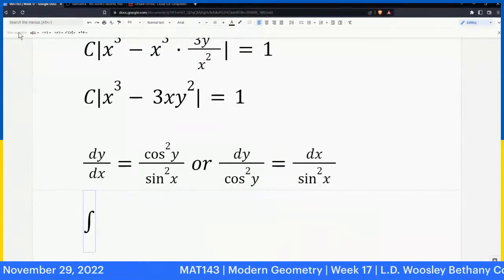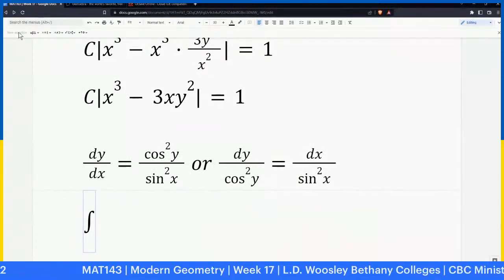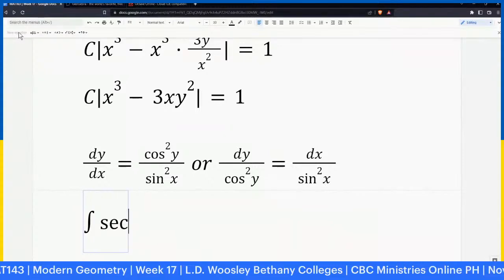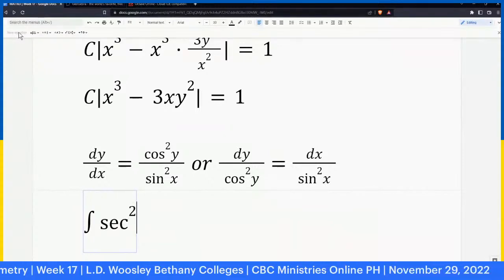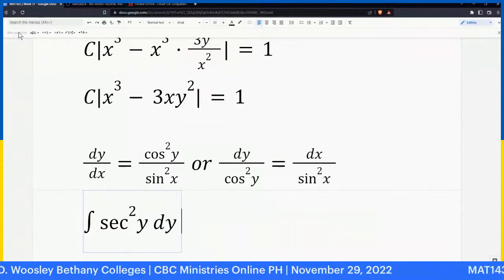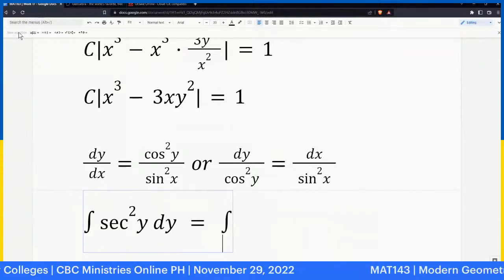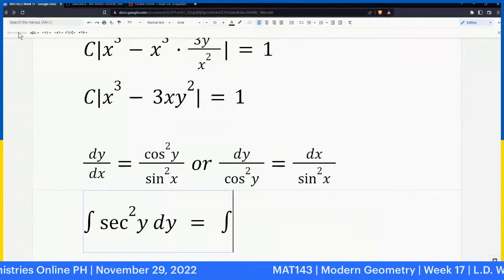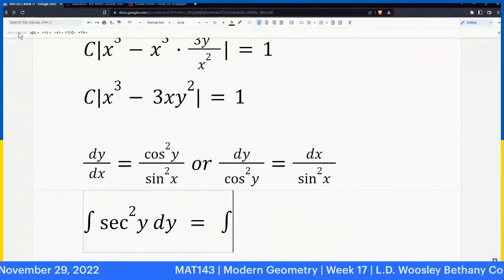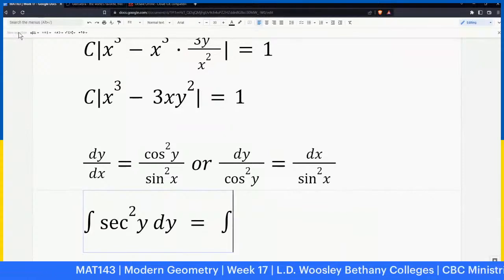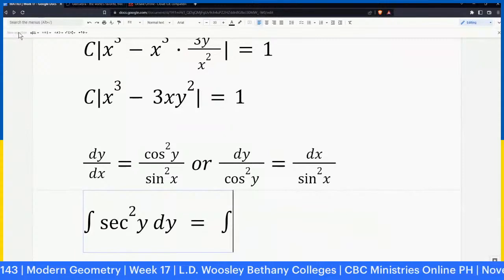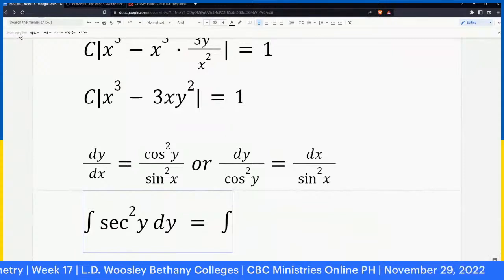Yan na lang integrate mo. Oh. So, obviously, for sine squared, ano naman siya, reciprocal.